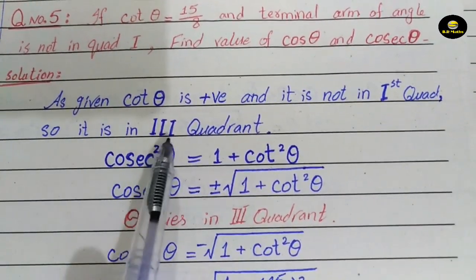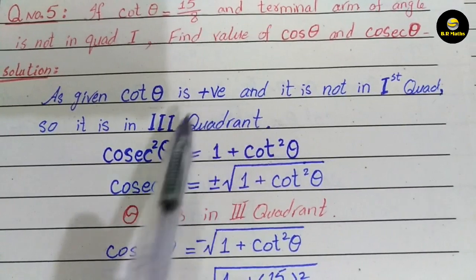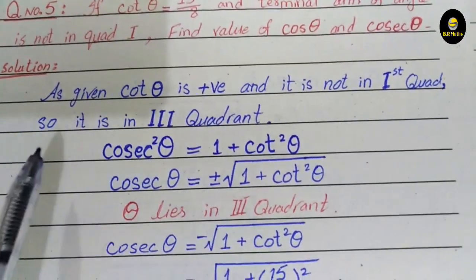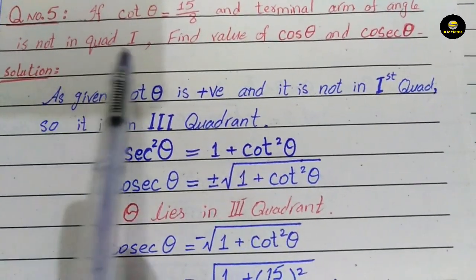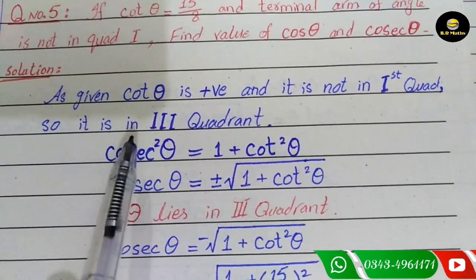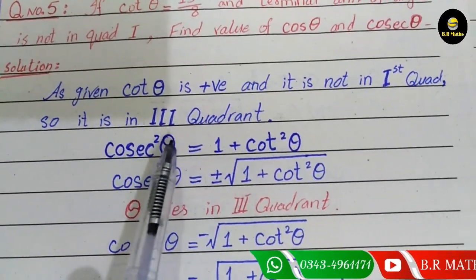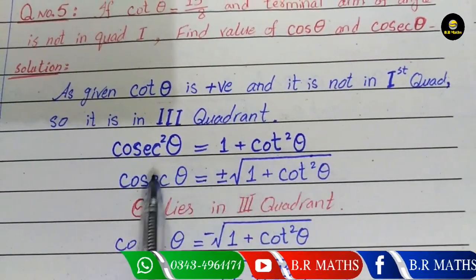So the angle lies in the third quadrant because tangent and cotangent are positive in quadrant first or third, and according to the question statement the angle is not in 1. So simply it means that the angle lies in the third quadrant. Okay, so remember theta lies in the third quadrant.